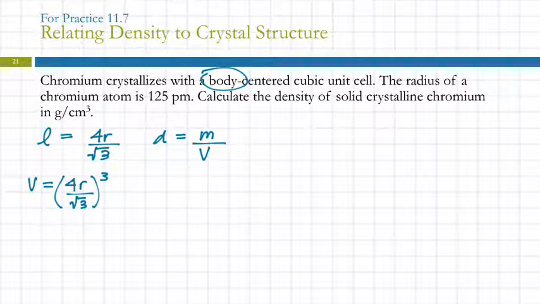What does the periodic table tell us? Gives us the mass in grams of a mole of atoms, right? How many atoms are in the body-centered cubic unit cell? 2. 1 in the middle, the body-centered one, and the corners that add up to 1. So here we have 2 atoms. We need to find the mass of 2 chromium atoms.